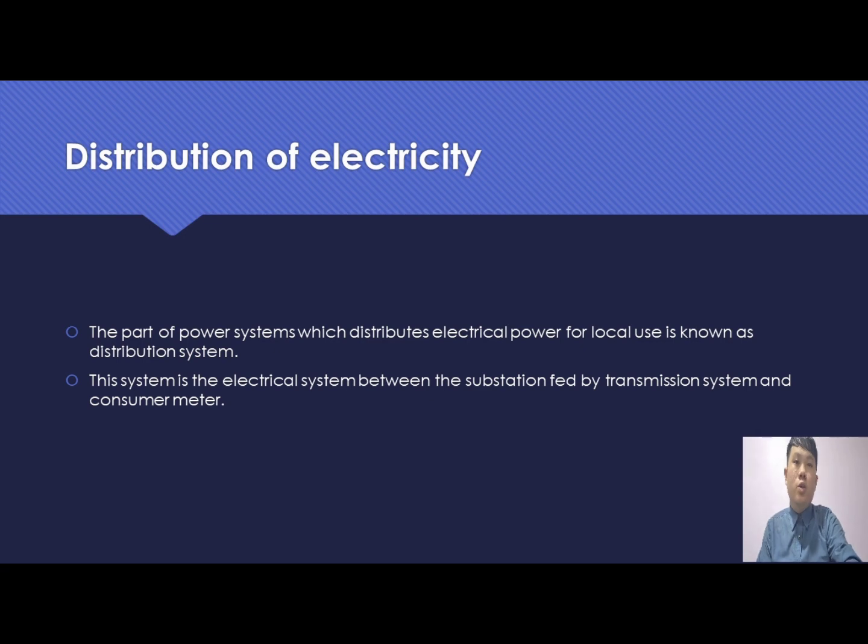The distribution of electricity is a part of the power system which distributes electrical power for local use. This system is the electrical system between the substations fed by the transmission systems and the consumer meter.